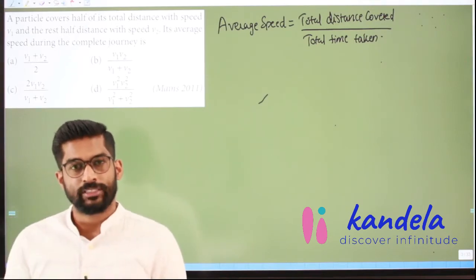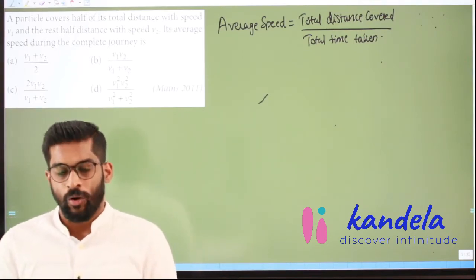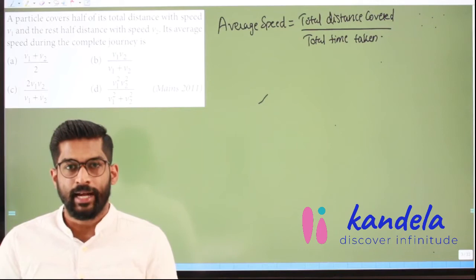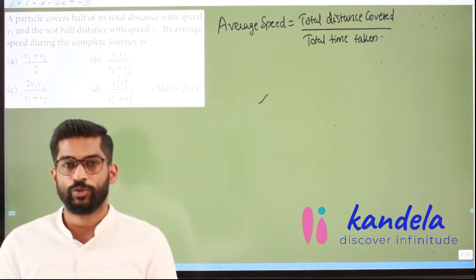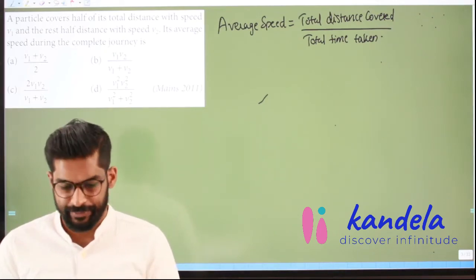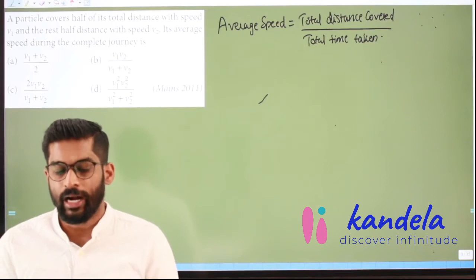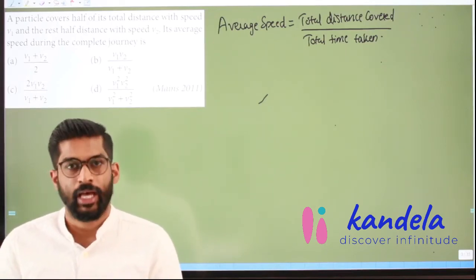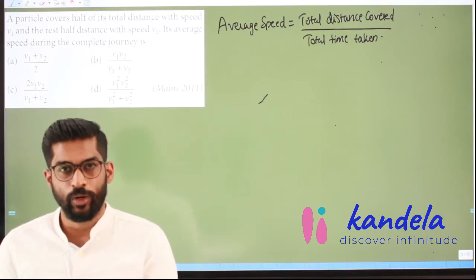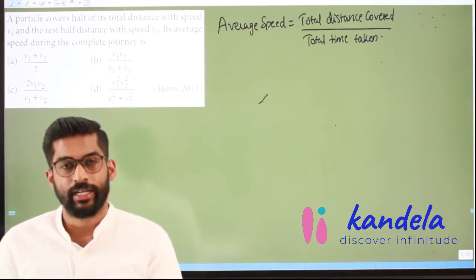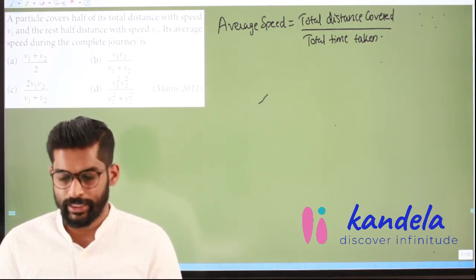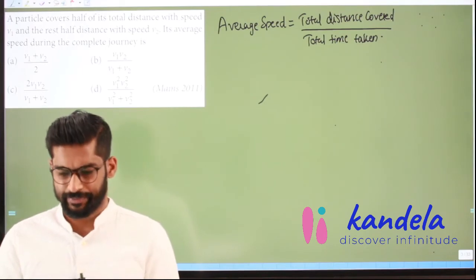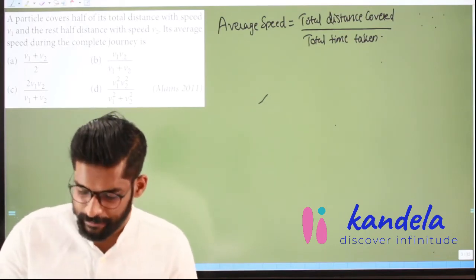Now we should ask the following question: do we know the right hand side and the left hand side to solve the unknown quantity? Here the unknown quantity that we need to find is the average speed. Now to calculate that, if we look into the right hand side, we need the total distance covered and the total time taken. Okay, let's begin.